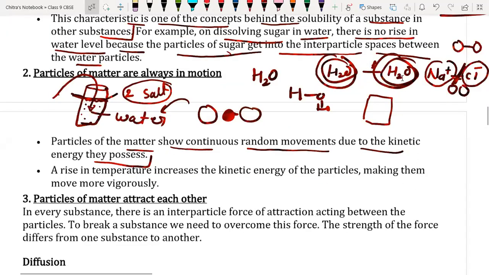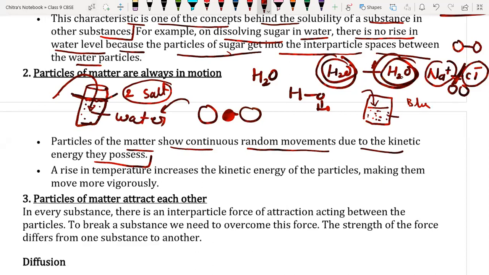Okay, so in liquid, suppose till here we have water, and you add a color, a blue stain. That blue stain will dissolve and be distributed uniformly throughout the solution after some time. It shows that the particles of that matter are randomly moving in all possible directions.